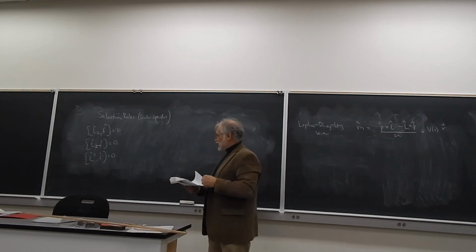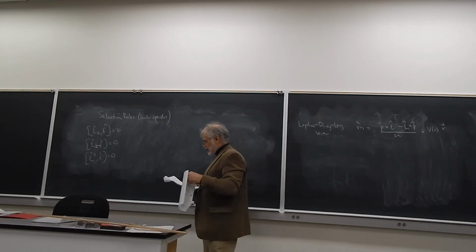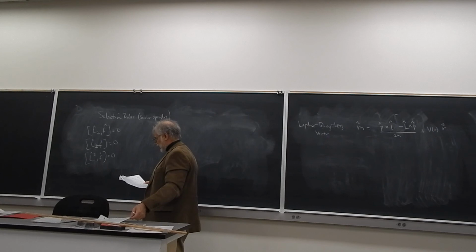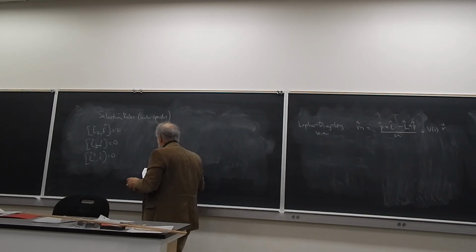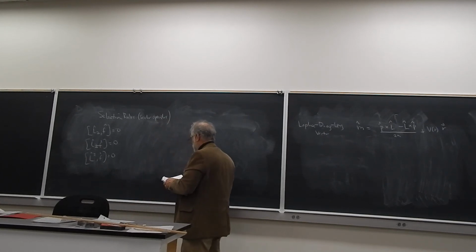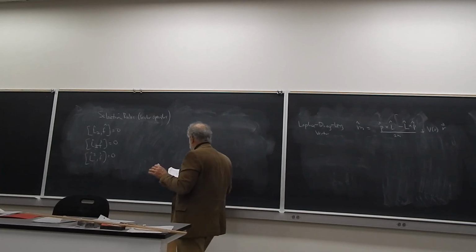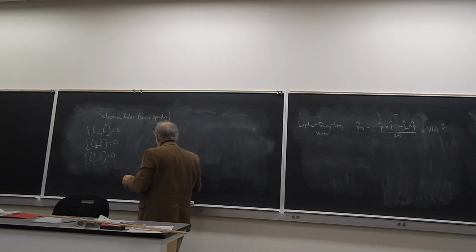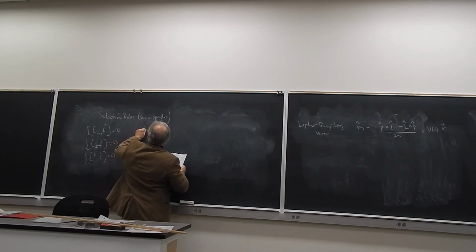And we'll do the commutator rules in terms of raising and lowering operators. So let's derive the selection rules by sandwiching F between states, such as n, l, m and n prime, l prime, m prime.